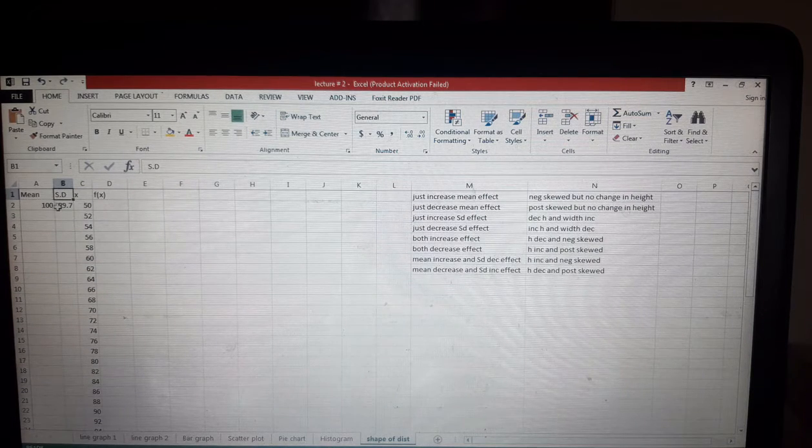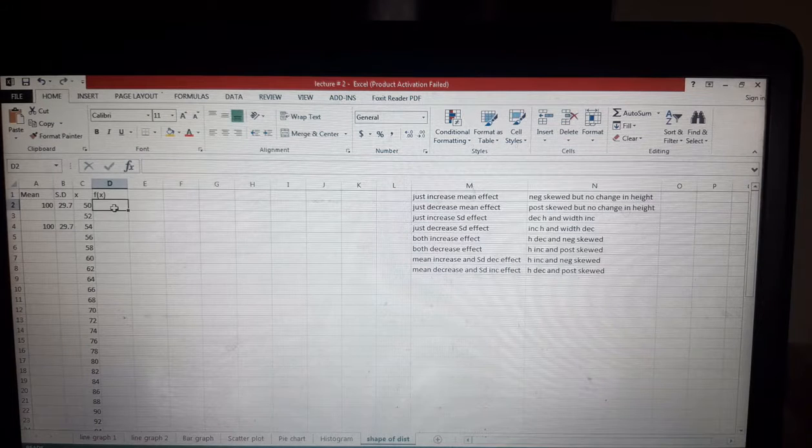So this is the value of standard deviation. The value of mean is 100 and the value of sample standard deviation is 29.7.